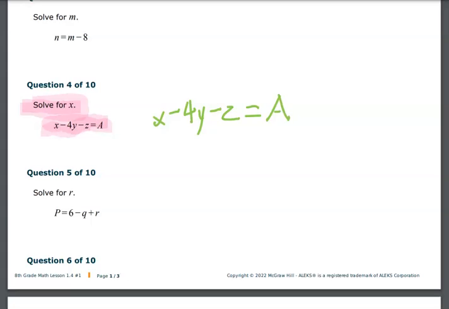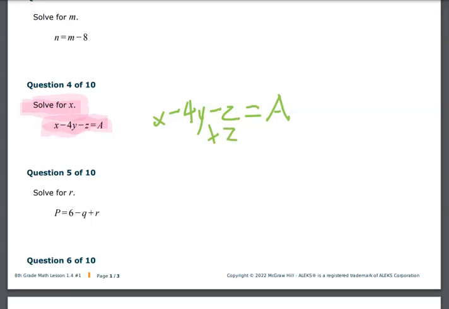So what do I do? Well, I'm first going to decide which one of these two I'm going to move. I know that to get x by itself, I have to move these two terms. So I can just decide whichever one I want to move. I'm going to decide to move the z.